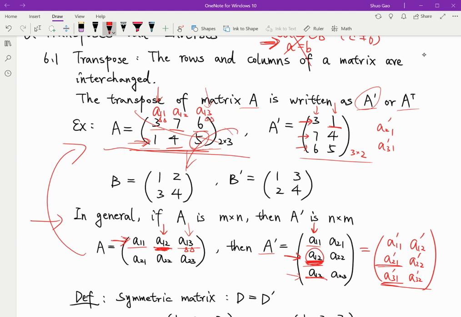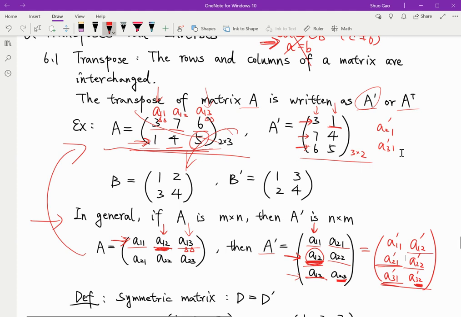So when we transpose that, it becomes the element in the third row and the second column. So we interchange the row and column positions. A23 becomes A32. A22 is the same. A21 becomes a new A12 prime.